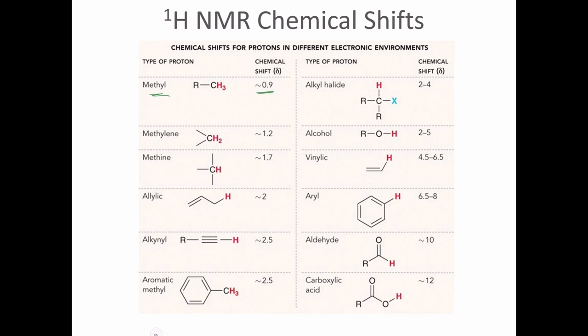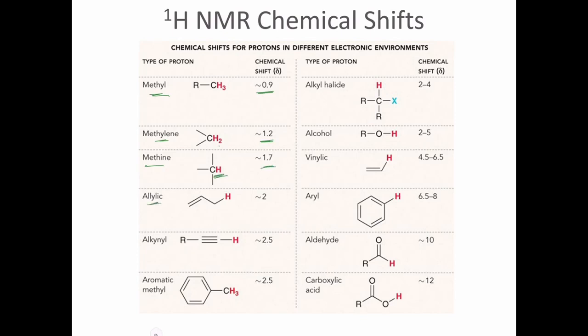If we have the methylene group, that is a CH2, hydrogen atoms connected to a carbon which is connected to other carbons, we're going to have that at 1.2. If you have a methine group, where we have a tertiary carbon connected to a proton, that proton will appear at 1.7.